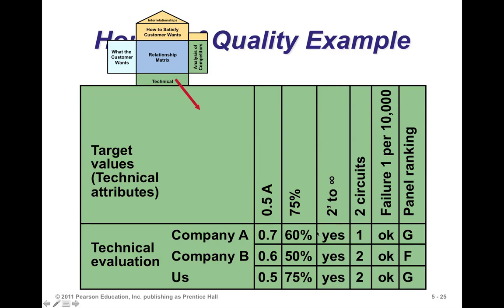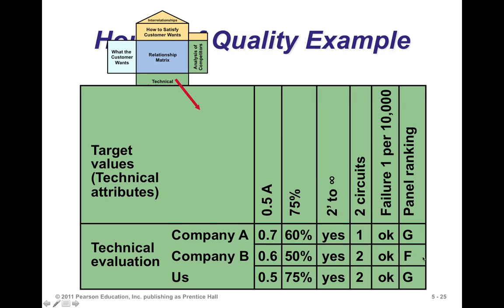Okay, and then here are some target values for the technical attributes, and this has to do with, for example, as you can see, electricity. This has to do with the autofocus, auto exposure, and here we get into the paint palette, and then here the ergonomic design of the item.